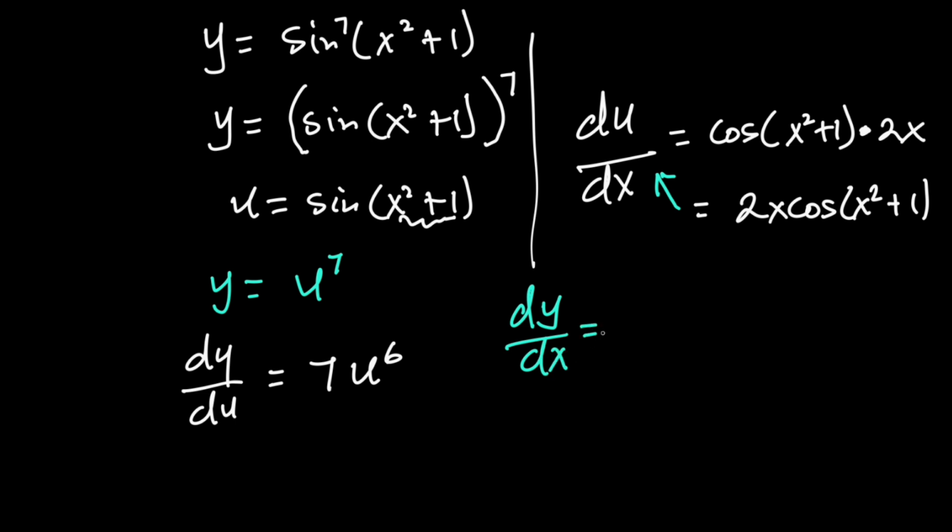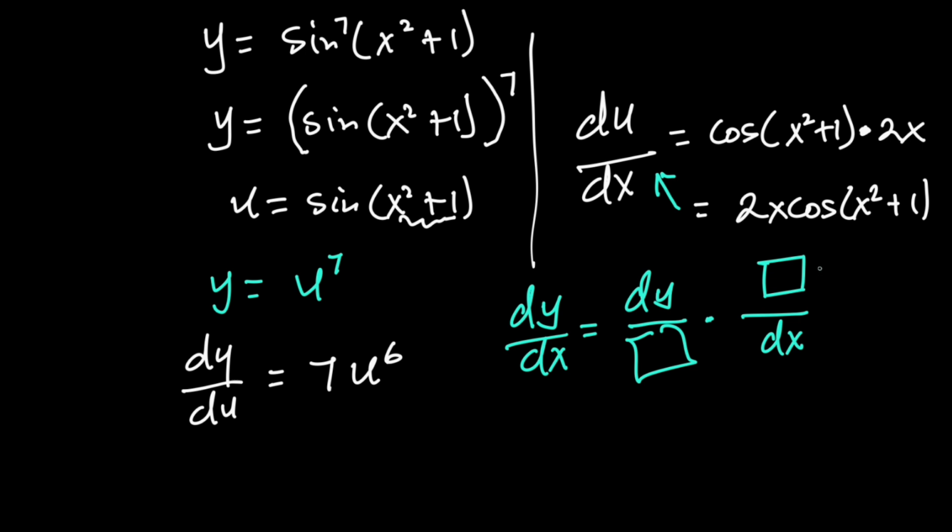Now remember, our interest is in dy/dx. So how do we get dy/dx? We can use the chain rule for this. Anytime you are writing a chain rule with dy/dx, you end up getting two fractions multiplying each other. The numerator of the first fraction is dy, and the denominator of the second fraction is dx.